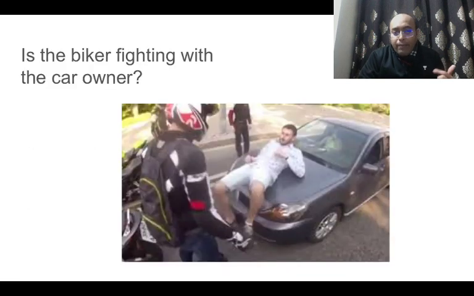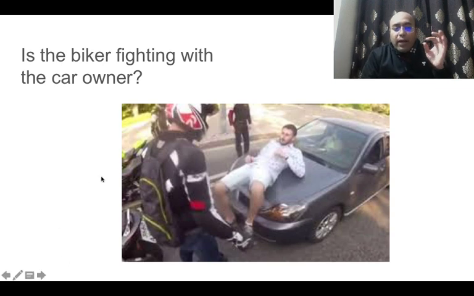Let's go further. So what we see here is that there is a biker. This biker is in a fight with a car owner. So there's a question, is the biker fighting with the car owner? And the answer is yes. With this biker word, we can remember another word, that is bicker. B-I-C-K-E-R.